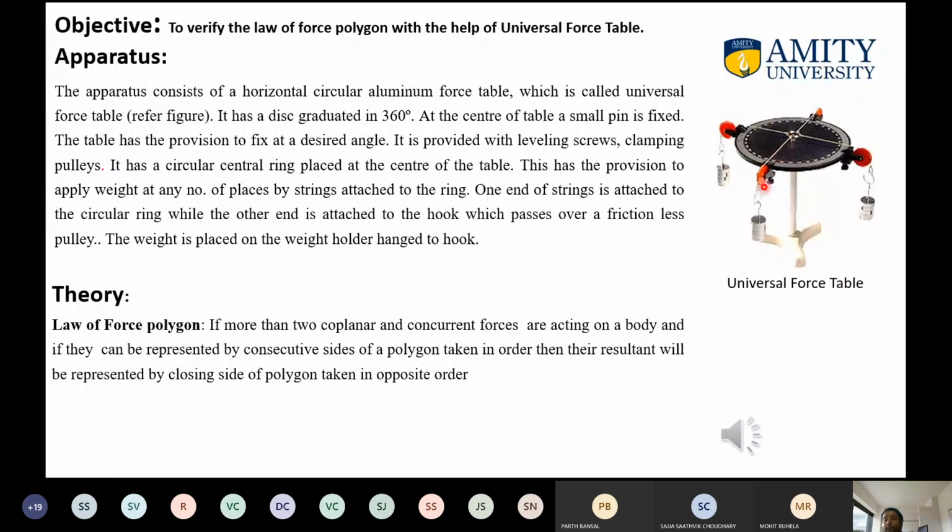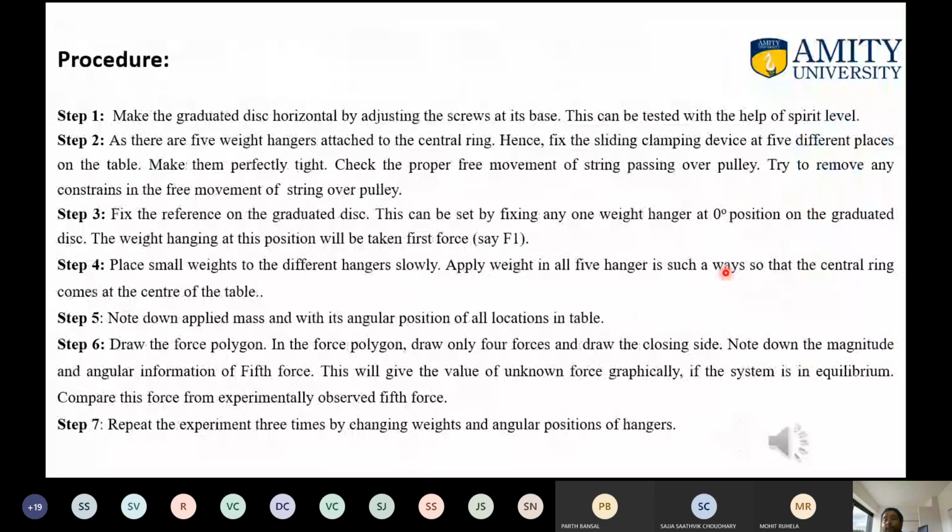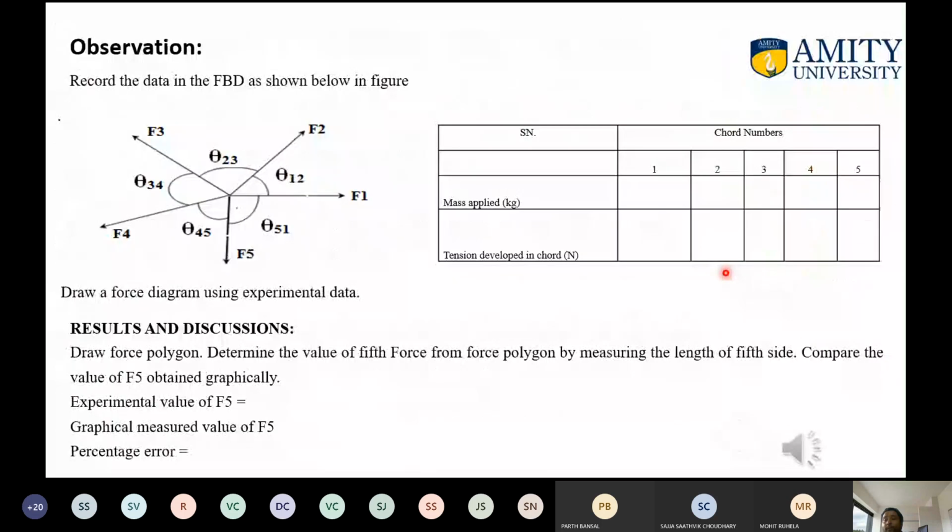So 150 minus 100 will be 50 degree. So this is the angle theta 1. Similarly, this is theta 2, similarly this is theta 3 and then theta 4. Accordingly, we have to make the angles here. I will be sharing another slide with you right now.